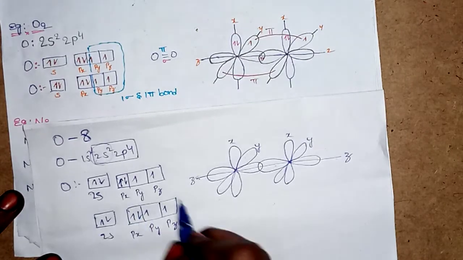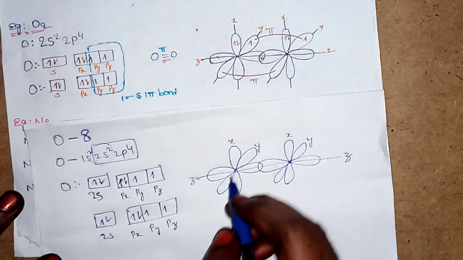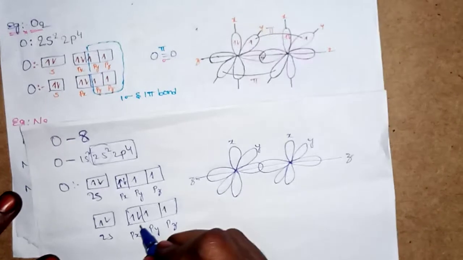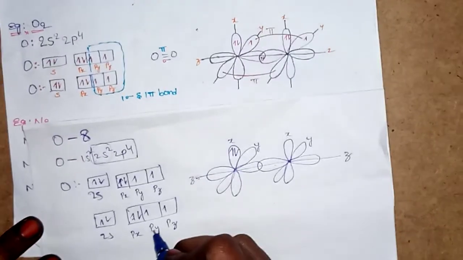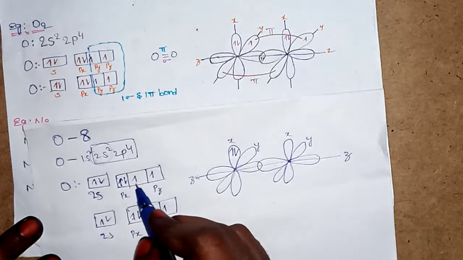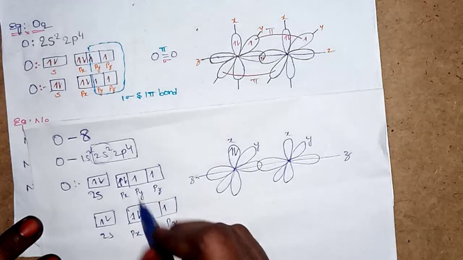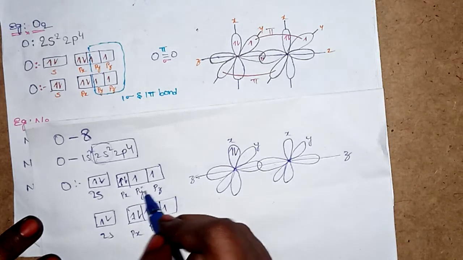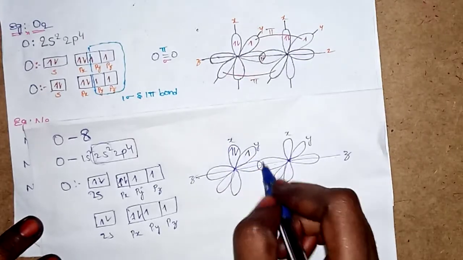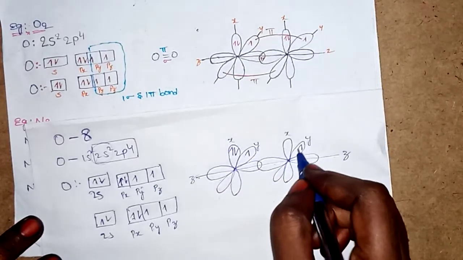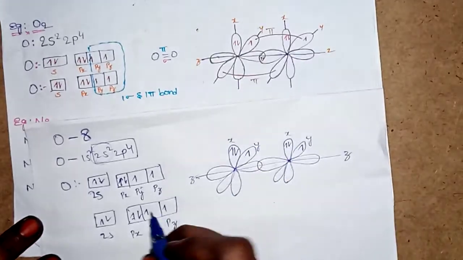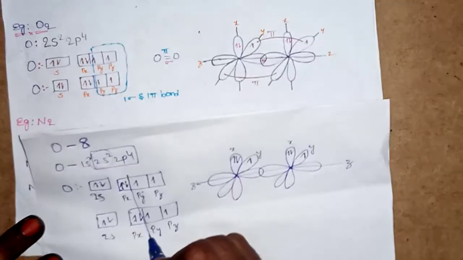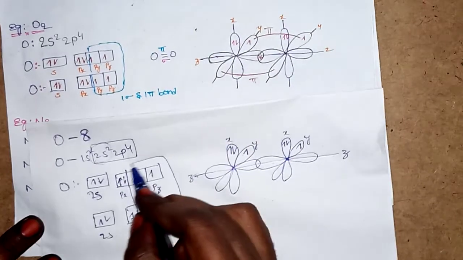Let's come to the p orbital electron filling. On the x-axis, how many electrons are there? 2 electrons, 1 2. And how many electrons are there in the py orbital? Only 1, and here also 1.